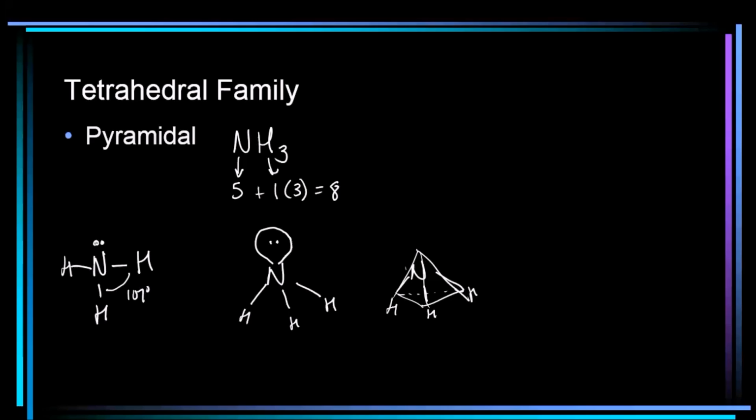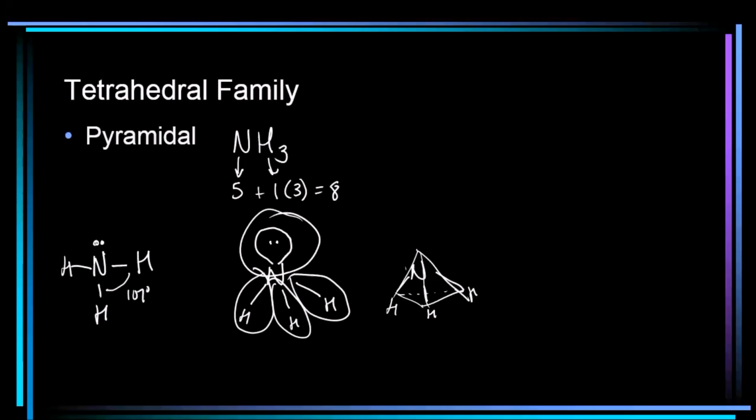Hybridization, whether it's shared or unshared, does not matter. How many bonding sites? 1, 2, 3, 4. SP3. All tetrahedrals have SP3.